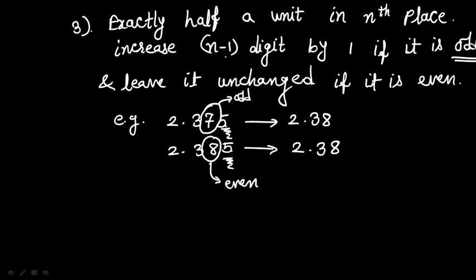The rule is that when the value we have to eliminate is exactly 5 and the previous number is odd, that means 7, then we add 1 to this 7 and write down 8. But in the second example, 2.385, the number is even, that means 8. Therefore, we leave this number as it is. This is the rule for reducing the number to three significant digits whenever the nth place number is exactly 5.